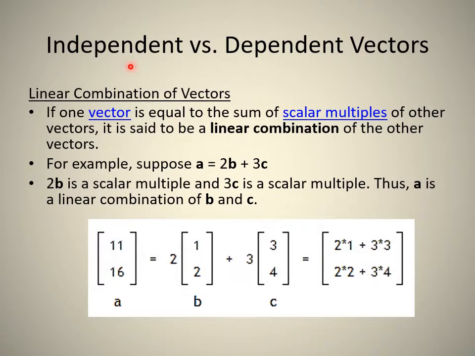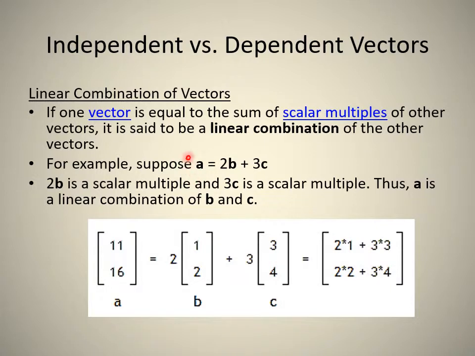So let's then start talking about the linear combination of vectors. If one vector is equal to the sum of scalar multiples of another vector, we say that there is a linear combination. So, for example, if you have a vector A, but it's dependent on a linear combination or a sum of scalar multiples of another.